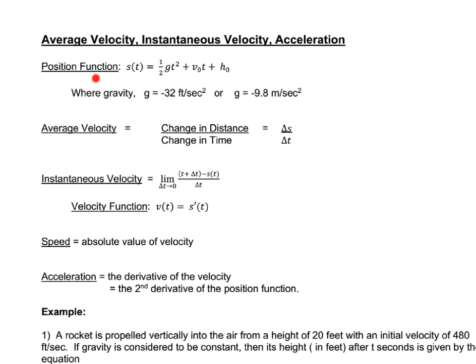So this position function tells us how far from the ground an object in motion is, assuming that object was traveling vertically. So something shot up vertically into the air or something being dropped from a higher position. So this is for an object moving in a straight line or vertically.